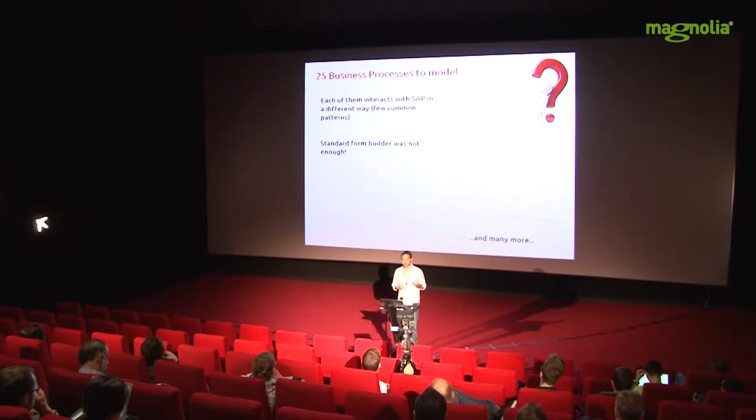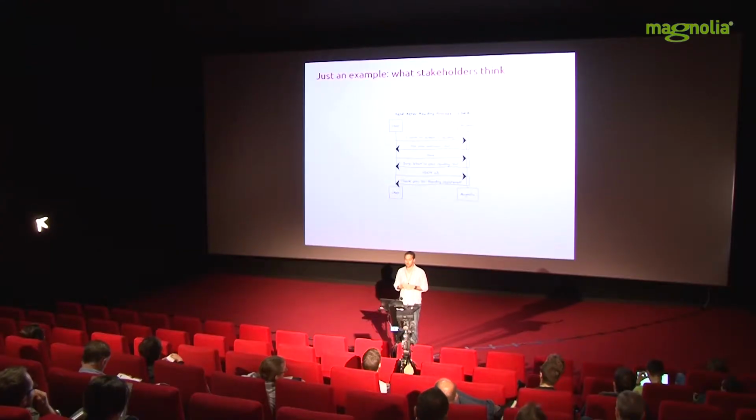Each of them is very peculiar, so there are no common patterns of interaction with the SAP backend. So we need to treat every process in a vertical way. And unfortunately, the standard form builder was not enough because some of the processes are very complicated and very complex.